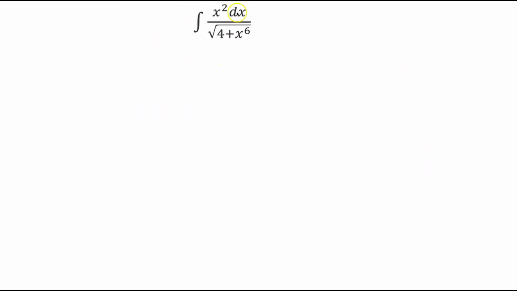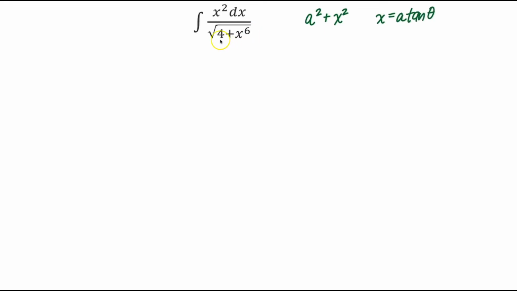Here, let's integrate x squared dx over the square root of 4 plus x to the 6th. This has a really different look to it. The trig sub that we're thinking here is a squared plus x squared. And of course, that becomes x equals a tangent theta.